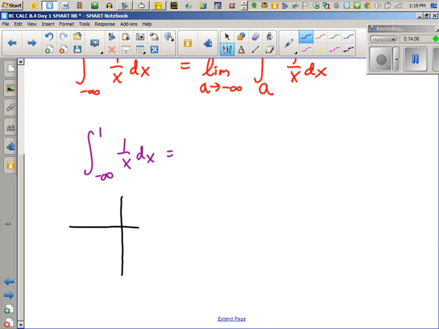We have the graph of 1 over x, a very familiar, friendly graph we've worked with for years. We're trying to find the integral from negative infinity all the way up to the asymptote at 0 and beyond until we get to 1, and then we'll stop. We've got problems here.